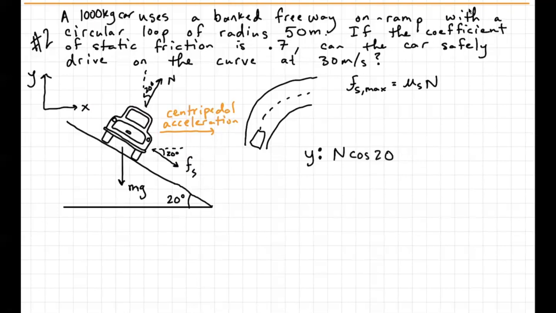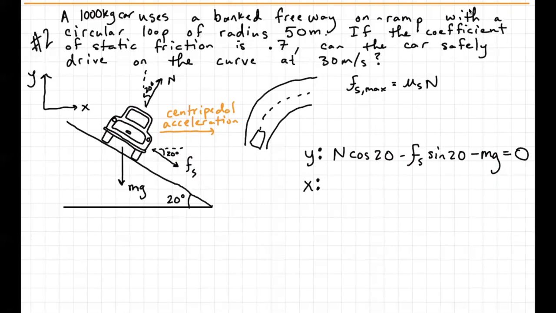N cos 20 minus fs sine 20 minus mg. That's all going to be equal to 0 because we're moving in this horizontal circular path. So the car is not accelerating up or down here. And if I take the x direction, there are two components of forces in the x direction.